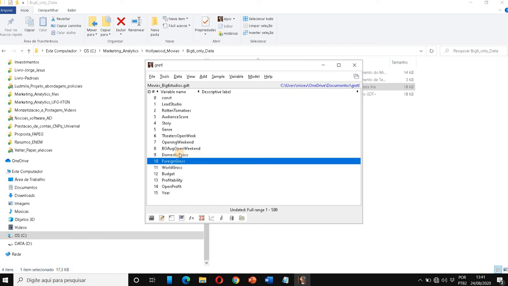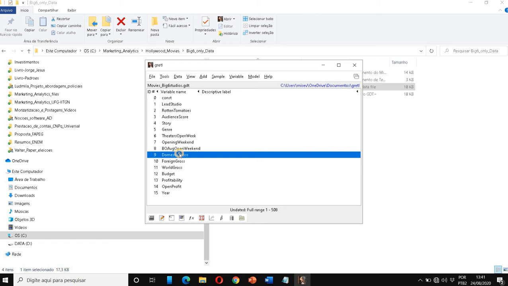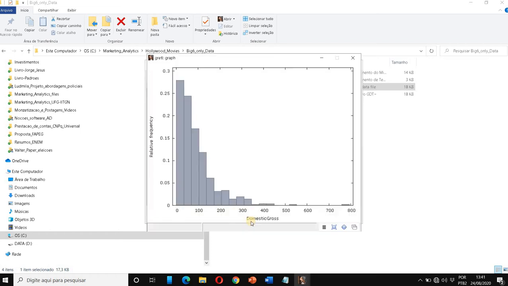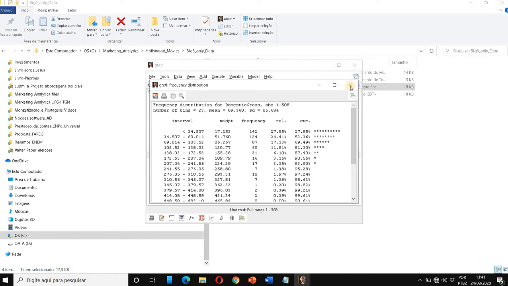So if I double click on the domestic gross revenue with my mouse and I select frequency distribution, and then you click on OK, I'm going to have a look at the frequency distribution of the domestic gross revenue, and this is clearly an asymmetric distribution. This is very common for marketing variables such as price, revenue, and so forth. So this is basically expected. And I am not working with a symmetric distribution.